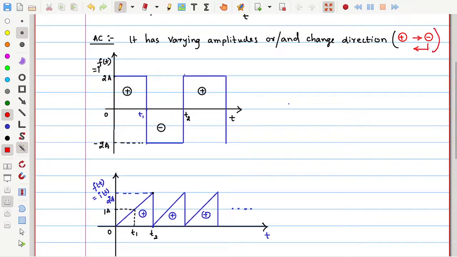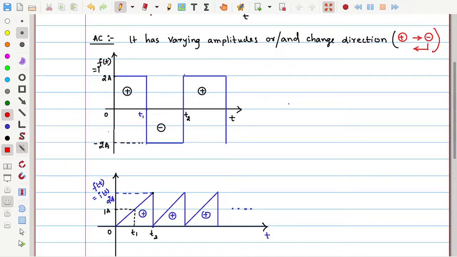Okay. So in a general way, AC means it has varying amplitudes, or it may additionally have a change in direction, or it may have only a change in direction like this. See here the first waveform: only a change in direction but the amplitudes are constant. Once it changes from positive to negative, it is still 2 amperes but negative.